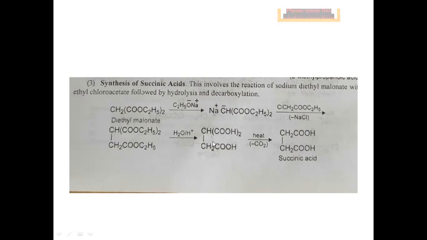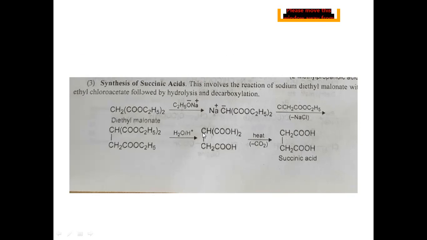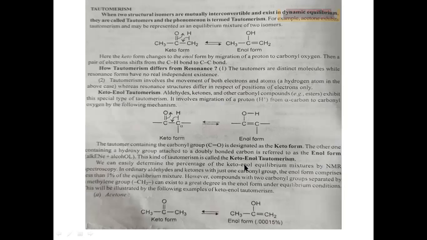After the removal of carbon dioxide, what is remaining? That will become CH2COOH. In this way, we will get succinic acid. Starting with sodium diethyl malonate, it is reacted with ethyl chloroacetate followed by hydrolysis and decarboxylation. This gives you succinic acid.